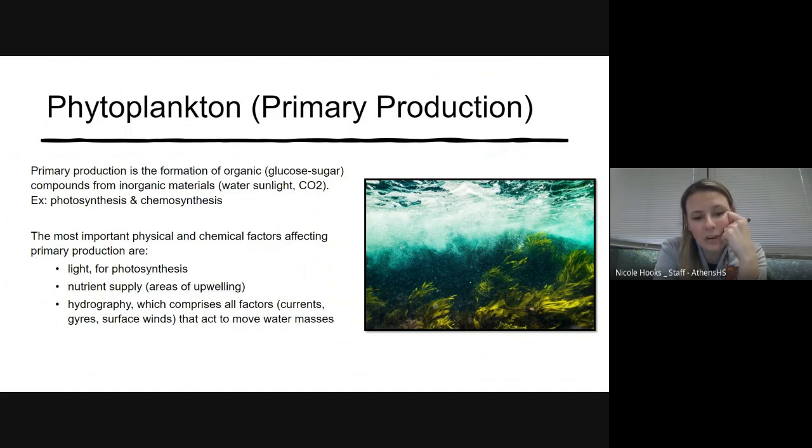So the oceanography, the type of currents, the gyres, the surface winds, and everything that acts on the water masses can actually change the amount of primary production. So currents, gyres, surface winds, nutrient supplies, and light all impact the primary production of the ocean. It's a little bit different than on land, and so that's why we mention it.